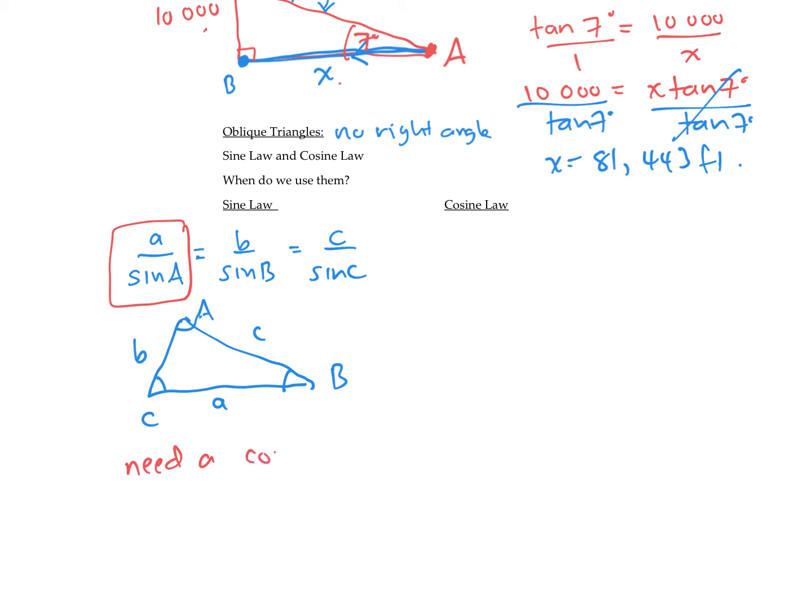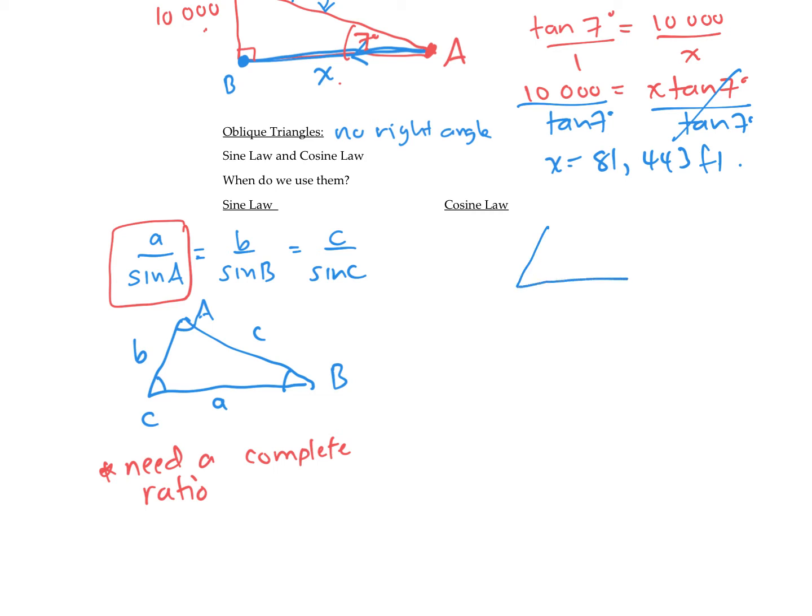That means that you must have a side and its angle, at least one ratio, in order to use sine. If you don't have that, you can't use it. So we'll look at some examples on that.